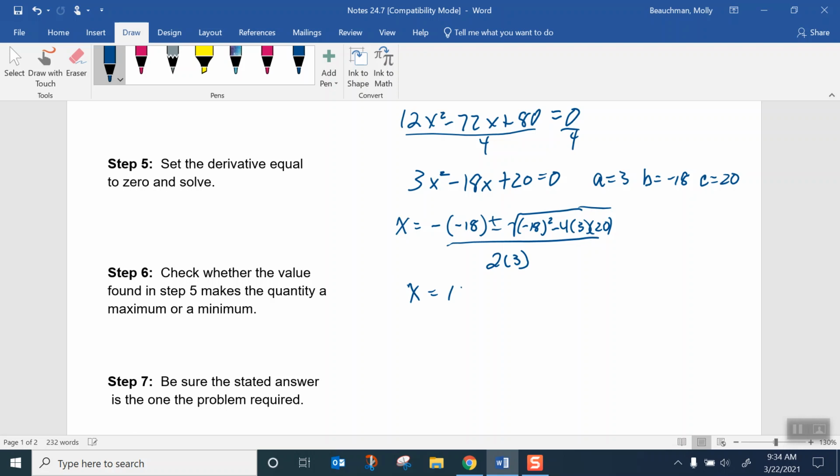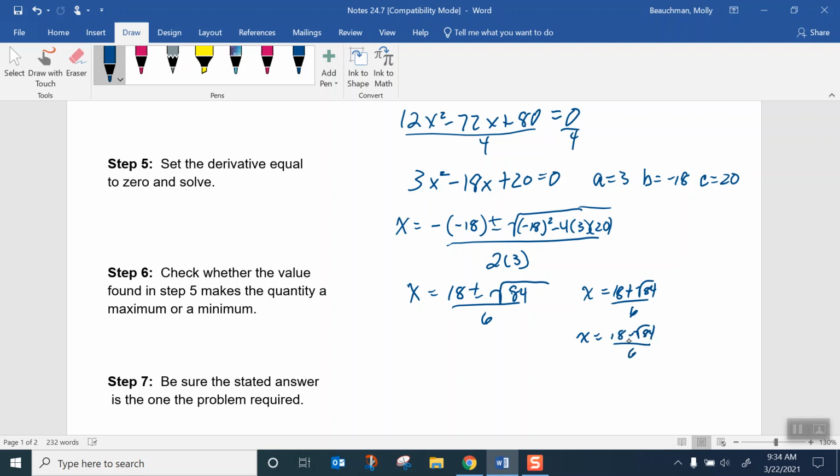Simplify, we get 18 plus or minus the square root of 84 over 6. So our two answers will be 18 plus the square root of 84 over 6 and 18 minus the square root of 84 over 6.